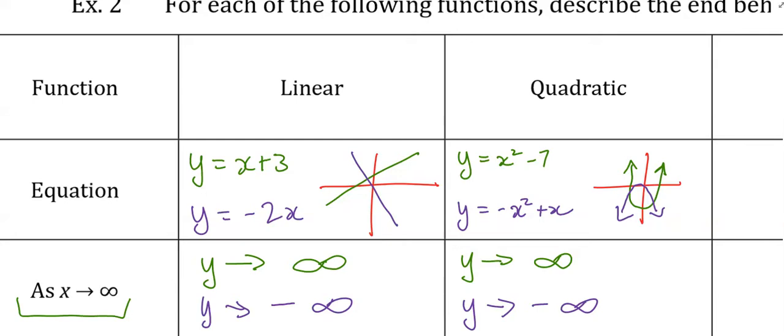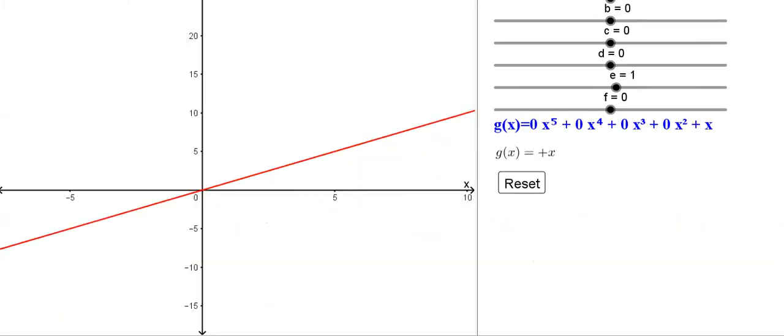So I'm going to show you a bunch of different polynomials of different degrees, and you're going to notice some of the characteristics of the polynomial change. In other words, the graph is going to look different. But some of the things won't change, and that's what you're looking for. No matter what I do, I won't be able to change certain things for the graph.